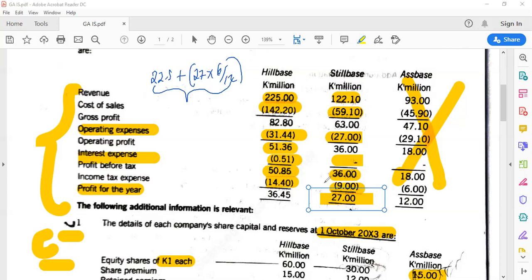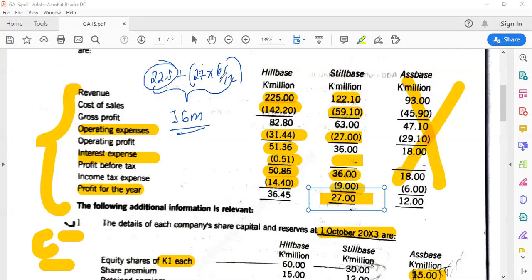How much was it? 36 million. That's how much they had before we acquired them. So from this 27, we simply pick up half of 27 and add it on to what has been shown on the SFP. At the date of report, what was available was 22.5 plus what they had at acquisition. So we remove here, to be more prudent.